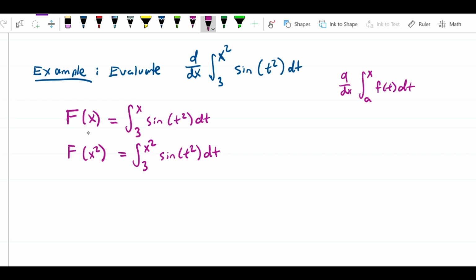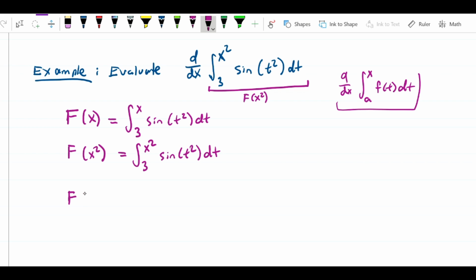In other words, if F of x is defined in exactly the form that the theorem is looking for, I can convert it into the problem we have simply by replacing x with x squared in this function. So what I'm really trying to do is find the derivative of F of x squared.